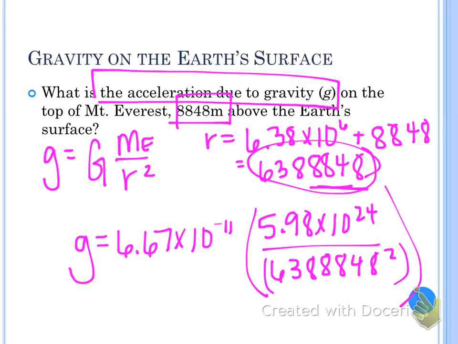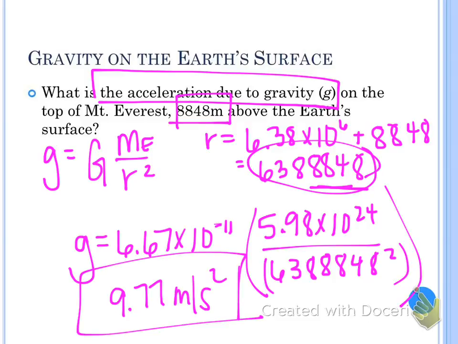Go ahead and plug it in. On these problems, we want to try to keep a few decimal places, because if we round, it's not going to look like our acceleration due to gravity changed very much. Okay? Keenan, tell me what you got. 9.77 meters per second squared. Good. Do we see a big drastic change between the acceleration due to gravity on the surface of the Earth and at Mount Everest?